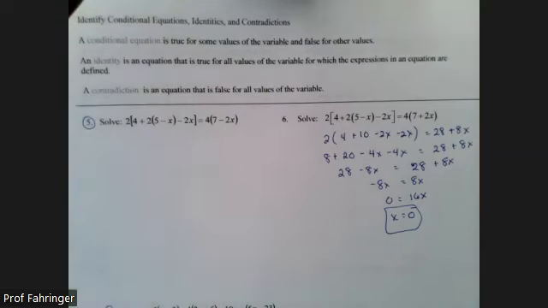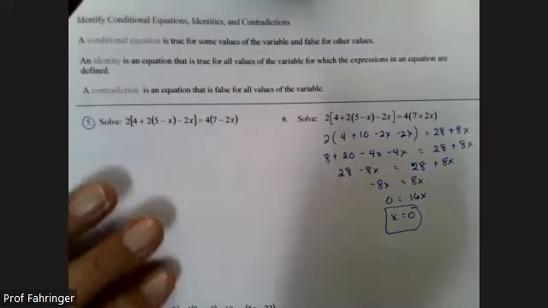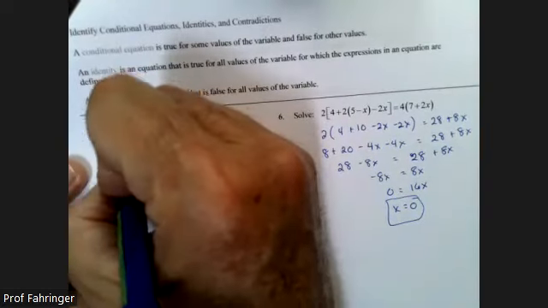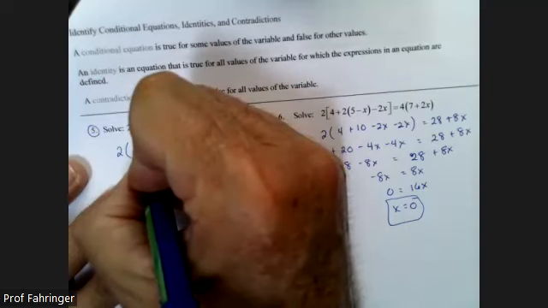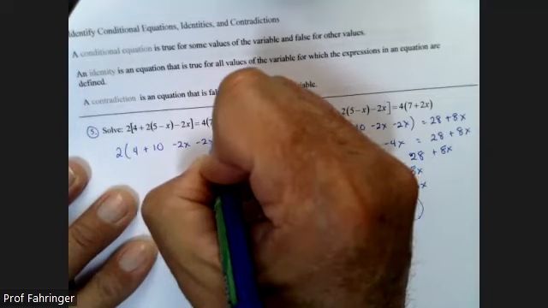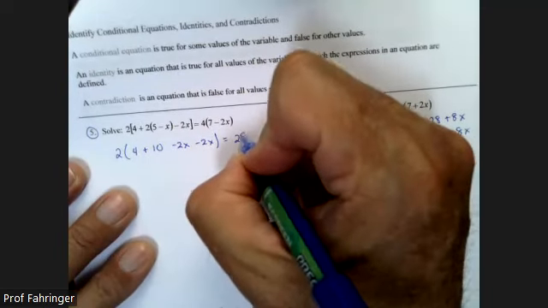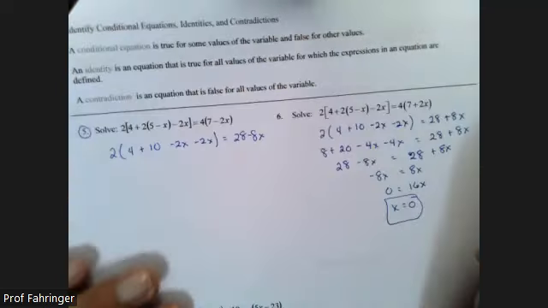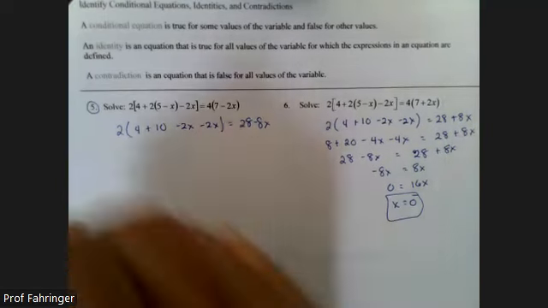Okay, so let's see. 2 times 4, I'm getting rid of this parentheses, plus 10 minus 2x minus 2x equals 28 minus 8x. Good.